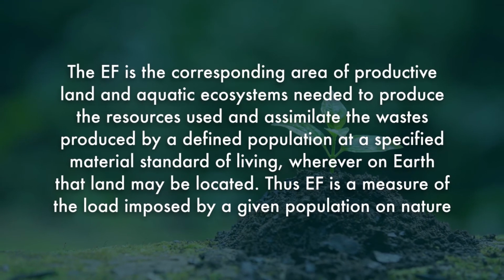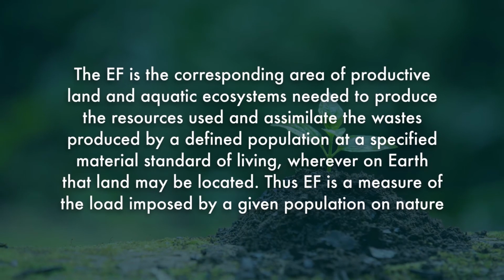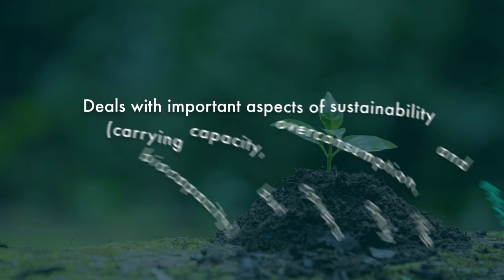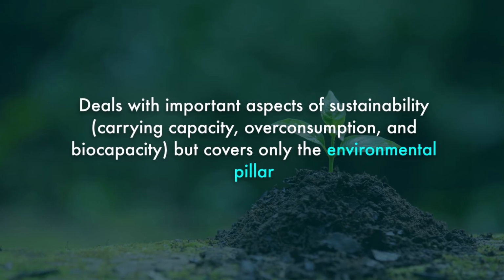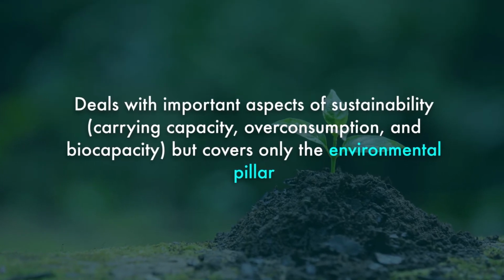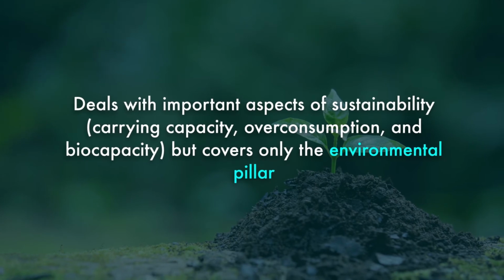Thus, the ecological footprint is a measure of the load imposed by a given population on nature. It deals with important aspects of sustainability, that is carrying capacity, overconsumption, and biocapacity. But it covers, as you know, only the environmental pillar.